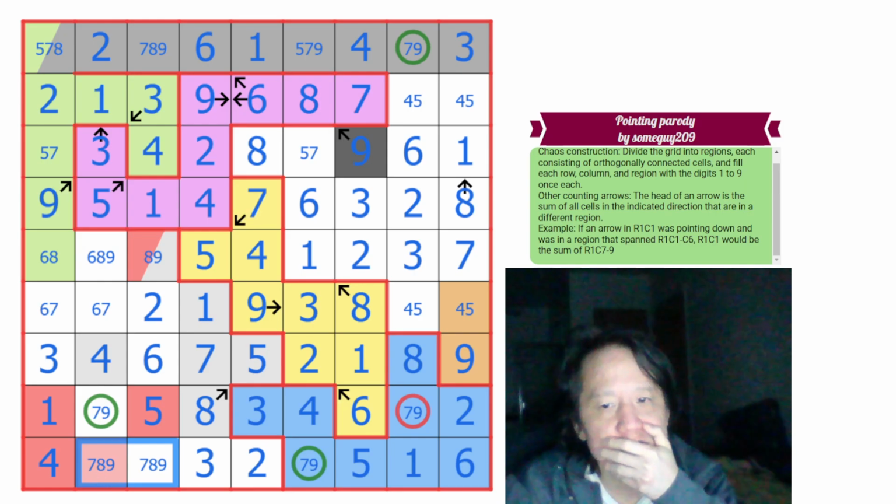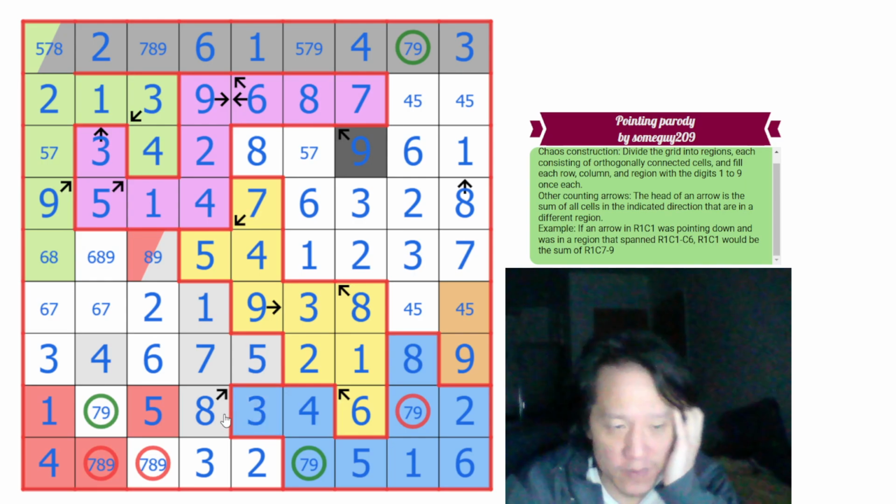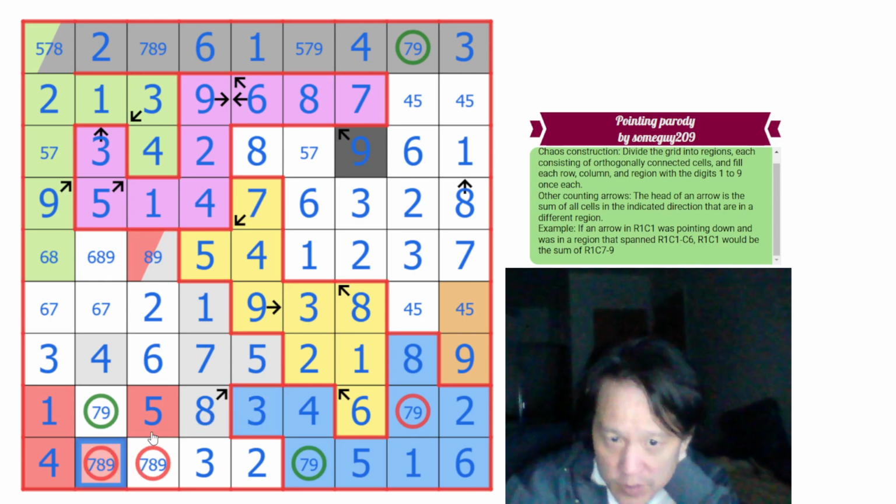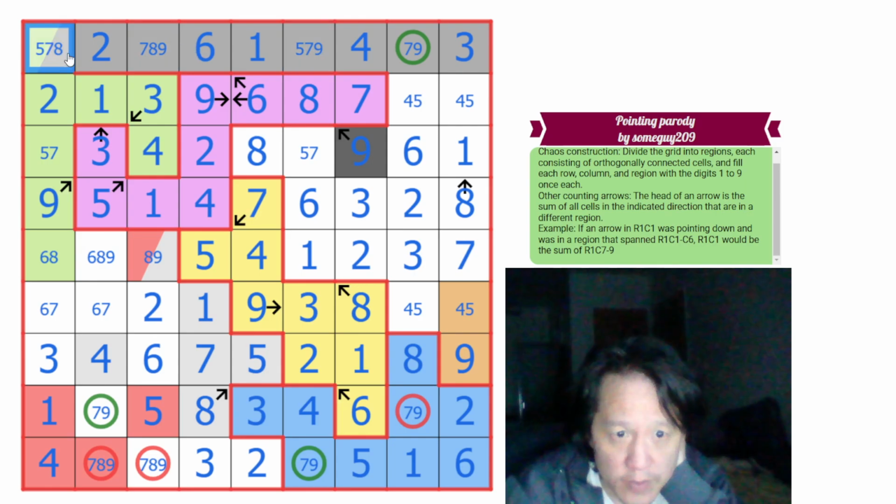So one of these is the red 7, 9, but we don't know which. This is always red. One of these is the red 7, 9, but we don't know which.